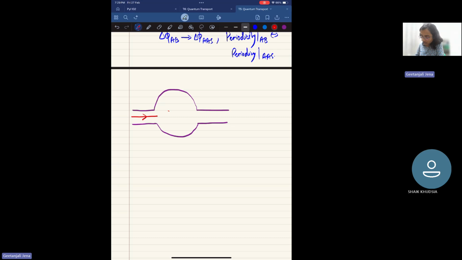We have a current going through; it can take this L1 path and come to this J1 point, let's say this is J2 point. So the current can take the L1 path or the L2 path. Whenever these two paths interfere, there is a phase difference, and because of this phase difference, we see an oscillation in the current.